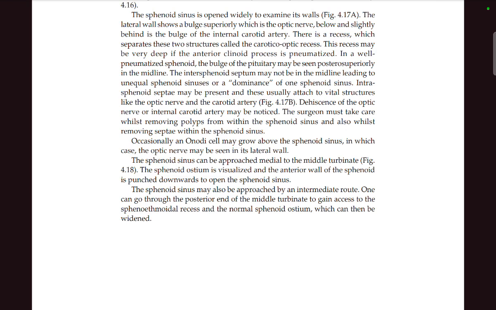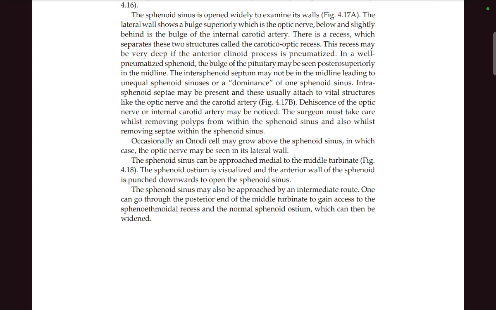The intersphenoid septum may not be in the midline, leading to unequal sphenoid sinuses or a dominance of one sphenoid sinus. Intrasphenoid septae may be present and are usually attached to vital structures like the optic nerve and carotid artery. Dehiscence of the optic nerve or internal carotid artery may be noticed.